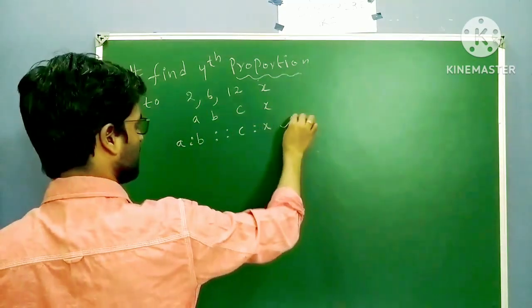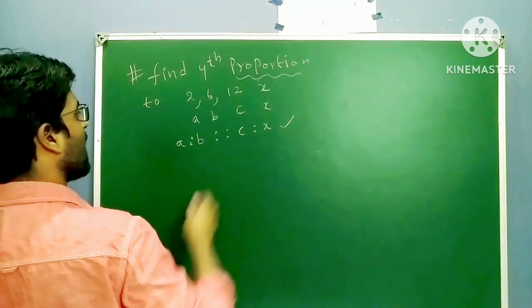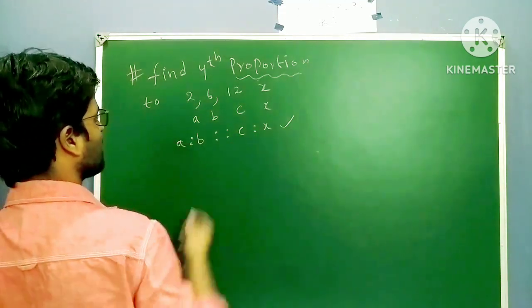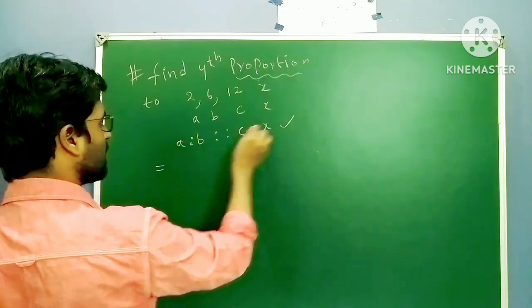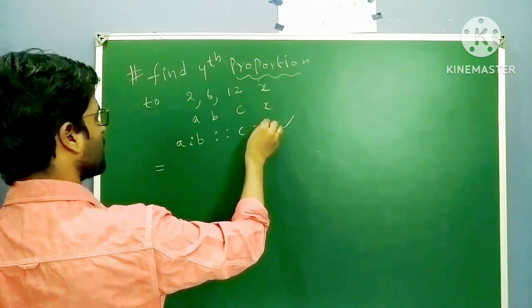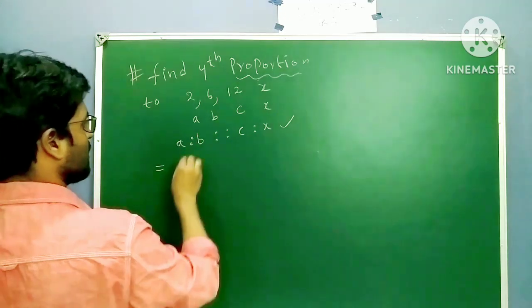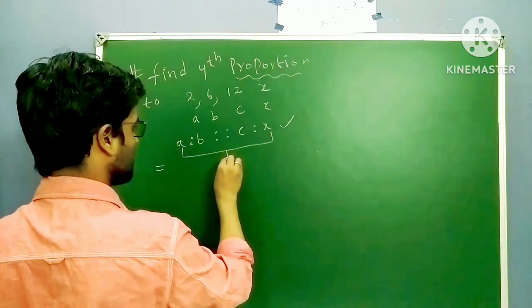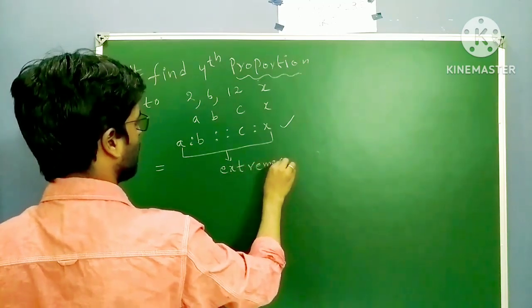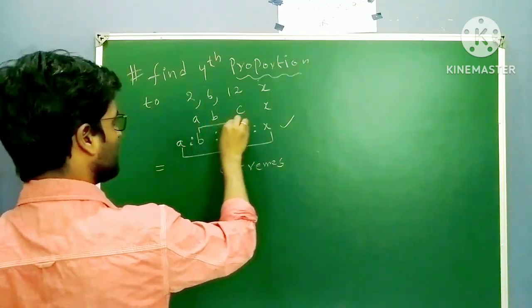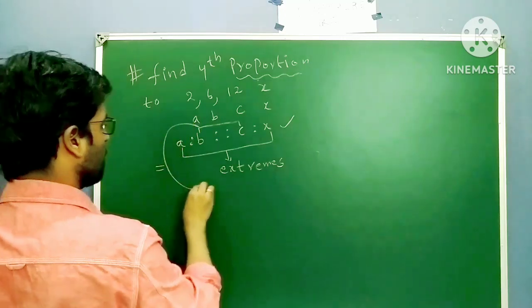You have to remember this: the first term and last term are called extremes. These two are called extremes. The second term and third term are called mean terms.